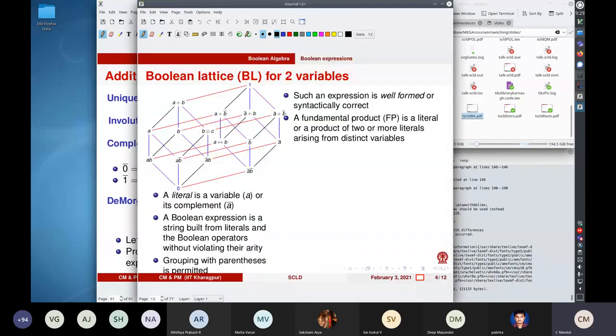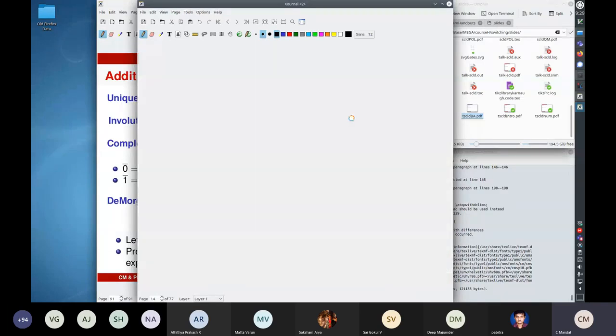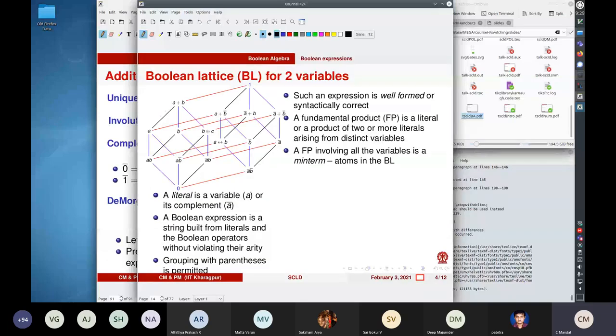And you have a fundamental product. A fundamental product is a literal or a product of two or more literals arising from distinct variables. So that's a fundamental product. And a fundamental product involving all the variables is a min term.